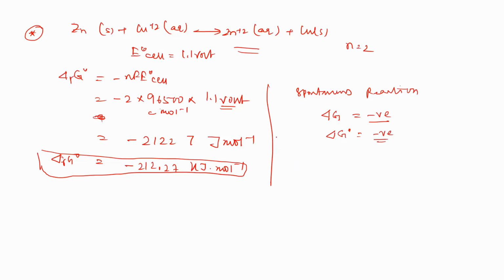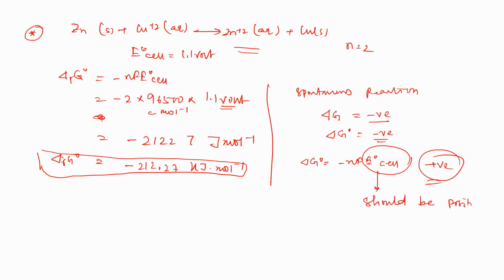From the equation delta G0 equal to minus nFE0 cell, for delta G0 to be a negative value, this E0 cell should be a positive value.